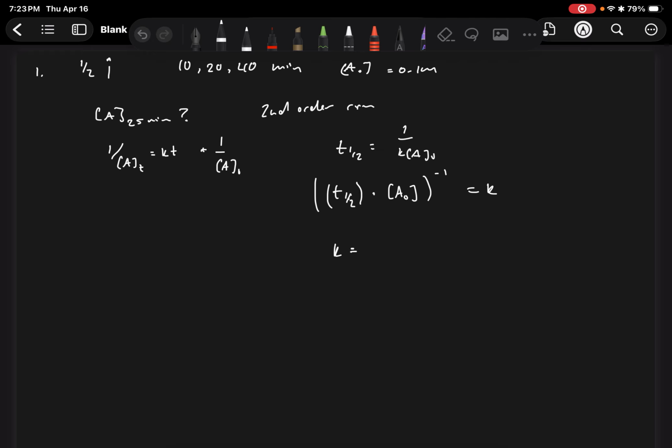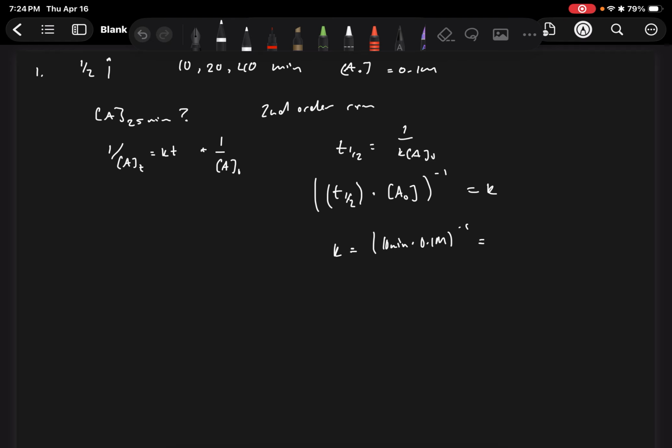T1/2, so half-life. So we start with 0.1. T1/2 is going to be 10 minutes, multiplied by A naught, which is 0.1 molar, and I'll put it to the power of -1.